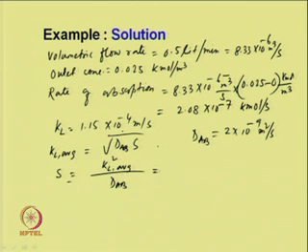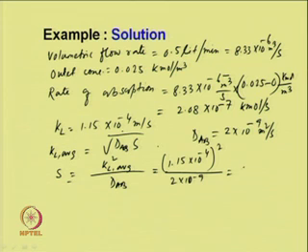So, this is equal to 1.15 into 10 to the power minus 4 square divided by D_AB, 2 into 10 to the power minus 9. So, this will be 6.61 second inverse. So, this means the surface is renewed 6.61 times per second. Thank you.